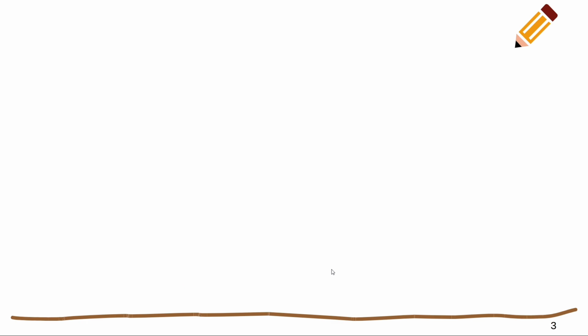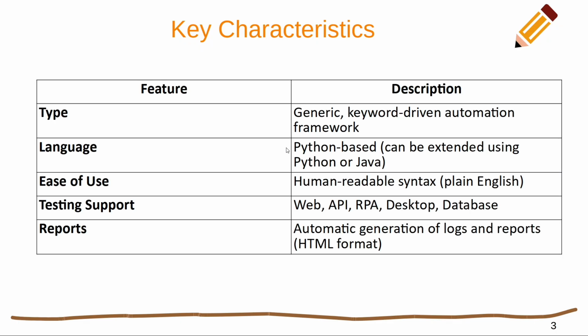So we'll see the features or key characteristics of Robot Framework. It is a generic keyword driven automation framework. It is Python based. We can extend it using Python or Java. It has human readable syntax.